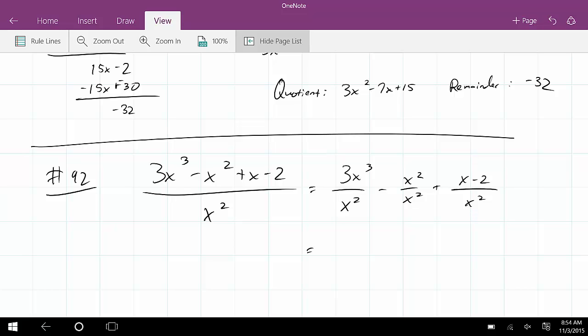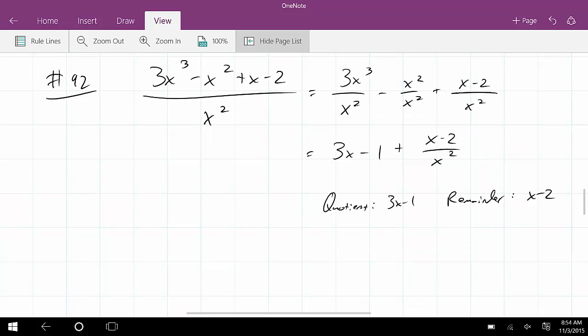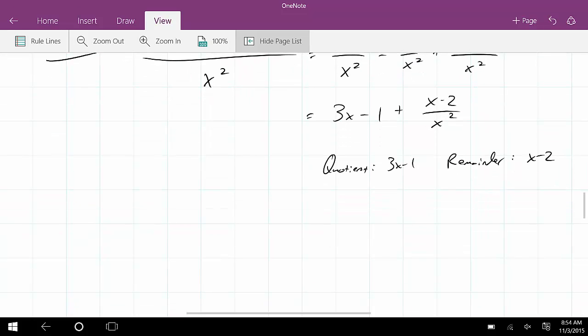So this is going to have to just be 3x minus 1 plus x minus 2 over x squared. So you can already tell that the quotient is 3x minus 1, and the remainder is x minus 2.